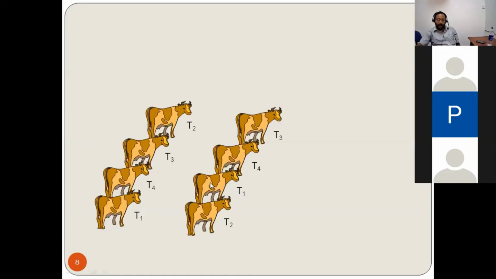Suppose I have a third set, a third replicate, where one cow is treated with treatment 1. So this cow plus this cow plus this cow.